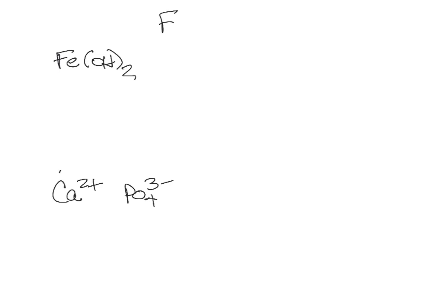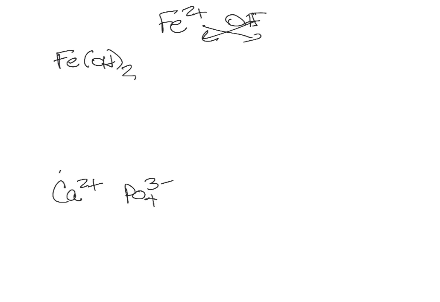The second one was iron(II) hydroxide and calcium phosphate. Actually, I want to review real quick writing these formulas in case you're rusty on it. So the Roman numeral tells us the charge on the transition metal. Hydroxide is a polyatomic ion with a charge of -1.